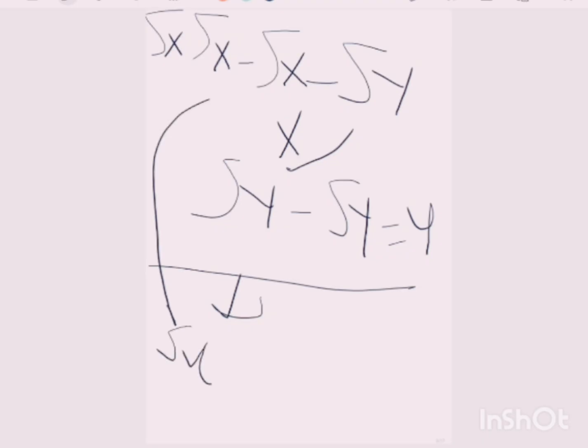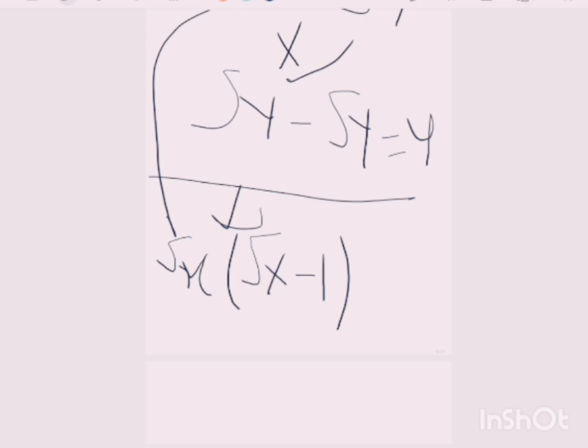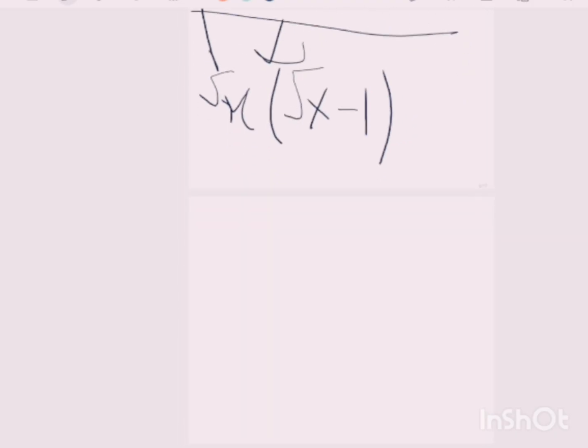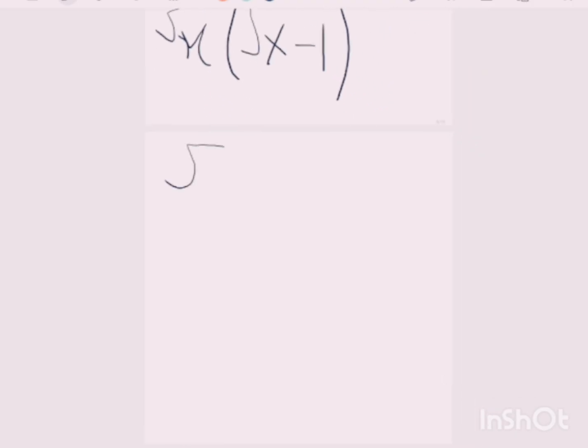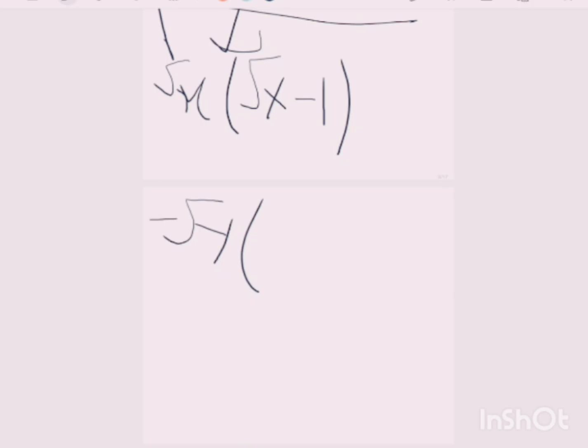Okay, so taking root x common, I can write root x minus 1, and taking minus root y outside, this becomes root y minus 1, equal to 4.